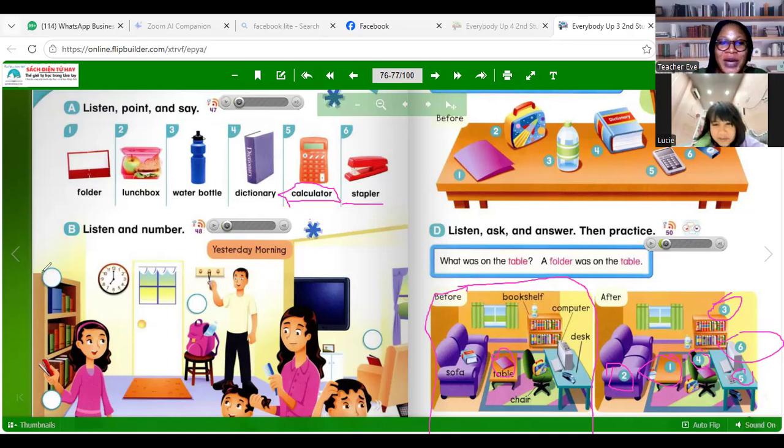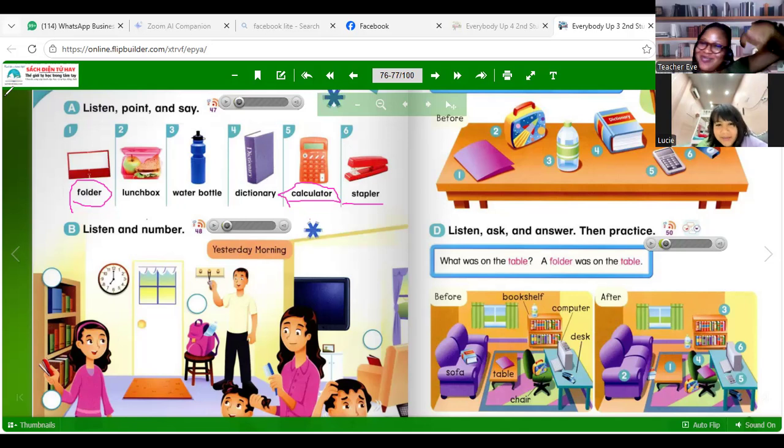Okay, so now we are going to learn how to pronounce each word here one more time. Okay, Lucy, so pronounce this word for me. Again? Folder.